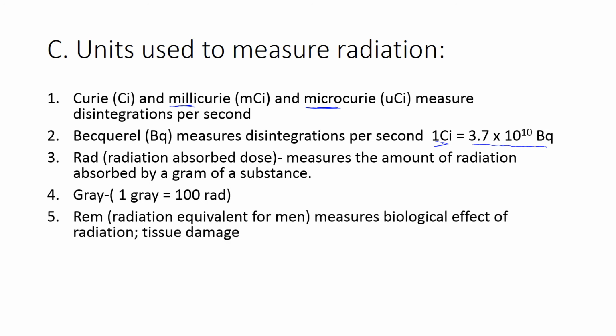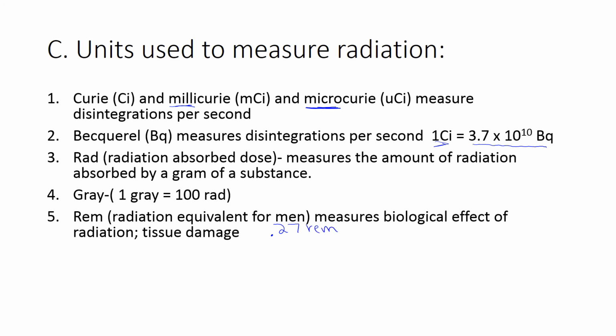A rem is radiation equivalent for man. Rems are where we start to look at the biological effect of radiation, so we're looking at tissue damage. Just to give you an idea, the average radiation dose per year for a human is 0.27 rem.